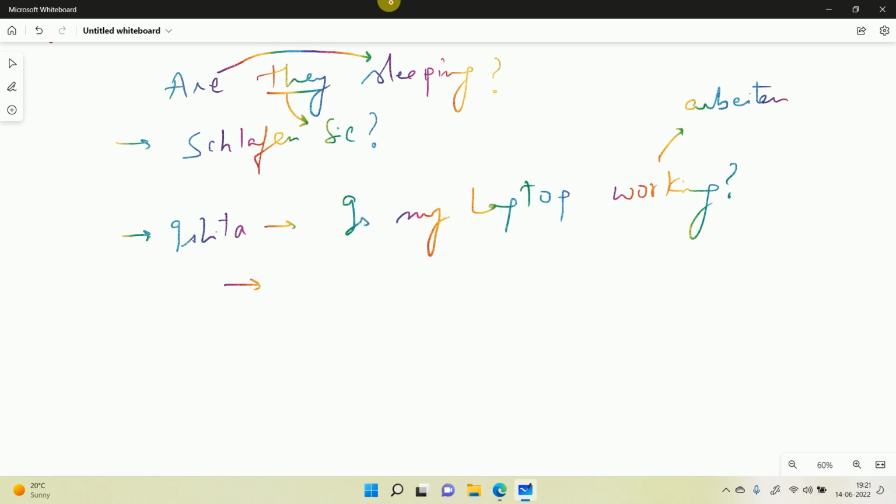Again, see here, because let us say it is laptop, and which could be der, die, das laptop. I'm not concerned about the gender, but what I'm concerned about is it is the third form. Ich arbeite, du arbeitest, sie arbeitet. Right? So it will become arbeitet meine Rechner or laptop. Getting my point? Yeah.